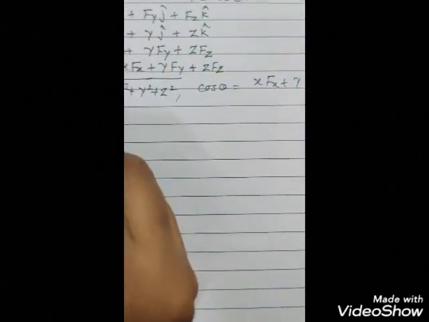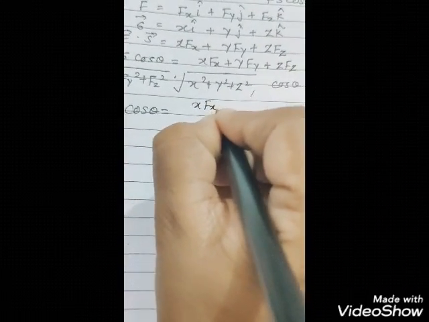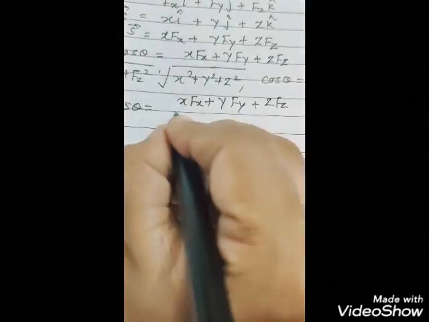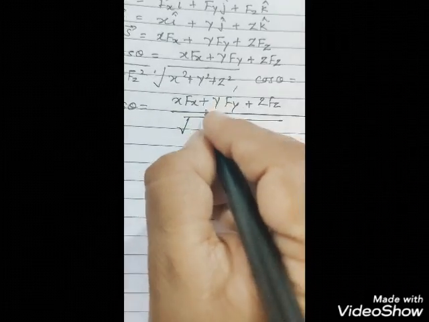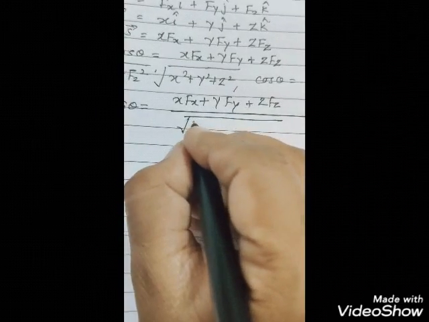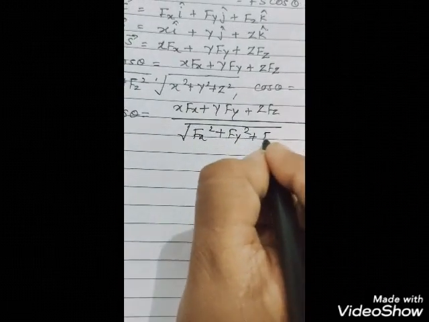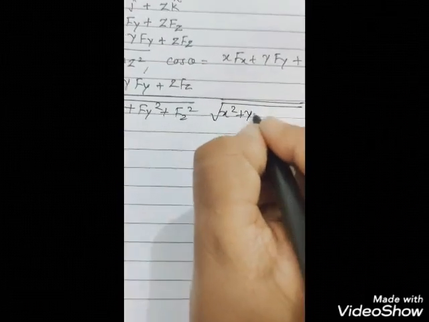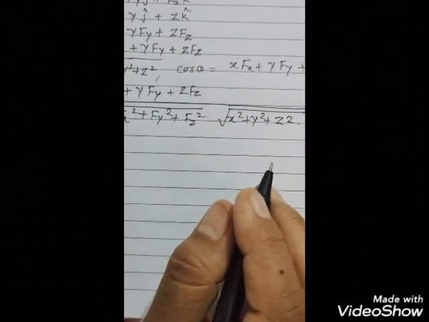So if we have to calculate the angle between force and displacement, and all these quantities are given, we can simply apply the formula cos theta is equal to x Fx plus y Fy plus z Fz upon the square root of Fx square plus Fy square plus Fz square times the square root of x square plus y square plus z square. This way we can calculate angle theta.